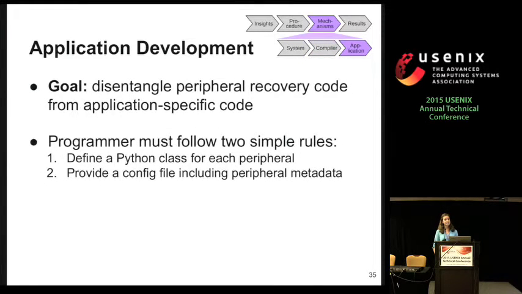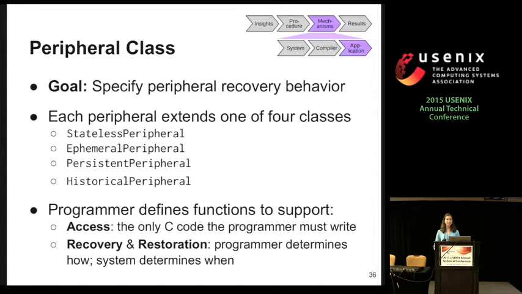Phoenix is designed to disentangle the peripheral recovery code from the application code as much as possible so that the application developer can write most of their code without having to worry about fault tolerance at all. But they do have to follow a couple of simple rules to make their application compatible with Phoenix. The most important one is that they need to define all of the peripherals within a class, which extends one of 4 Python superclasses that mirror the taxonomy I presented earlier.